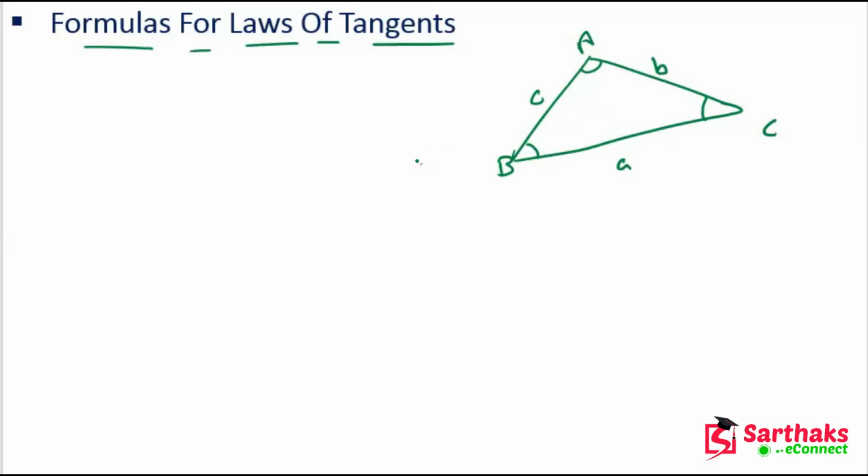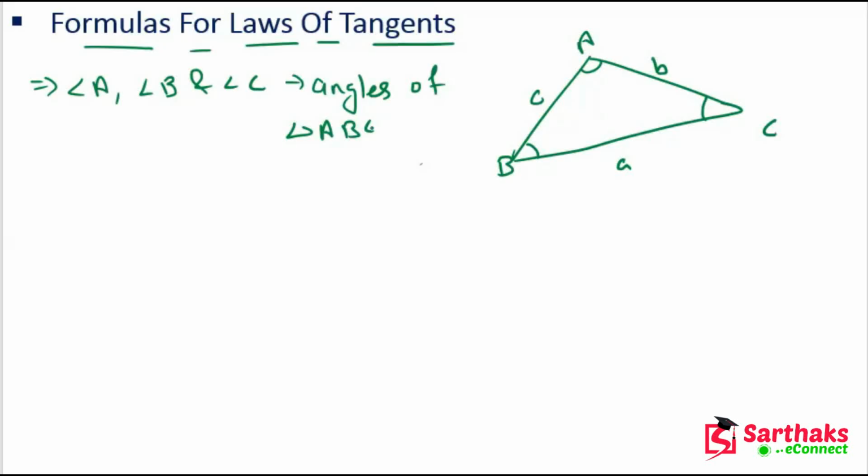So angle A, angle B, and angle C are the angles of triangle ABC, and a, b and c are the sides of triangle ABC.